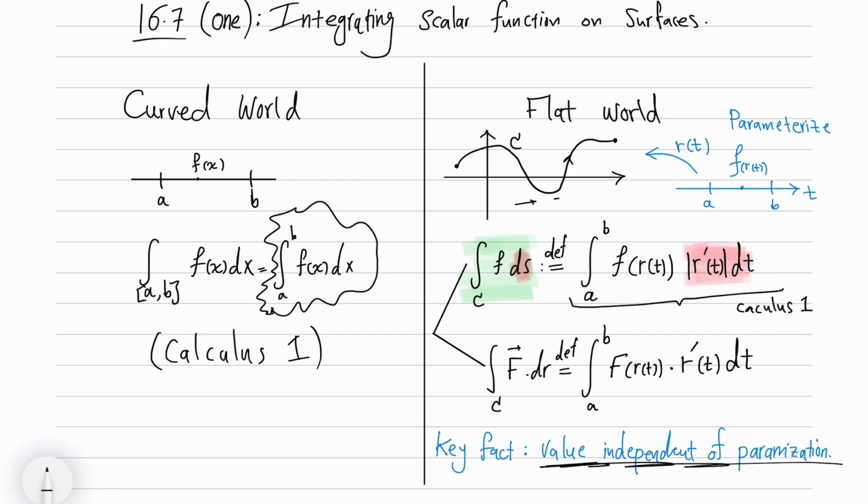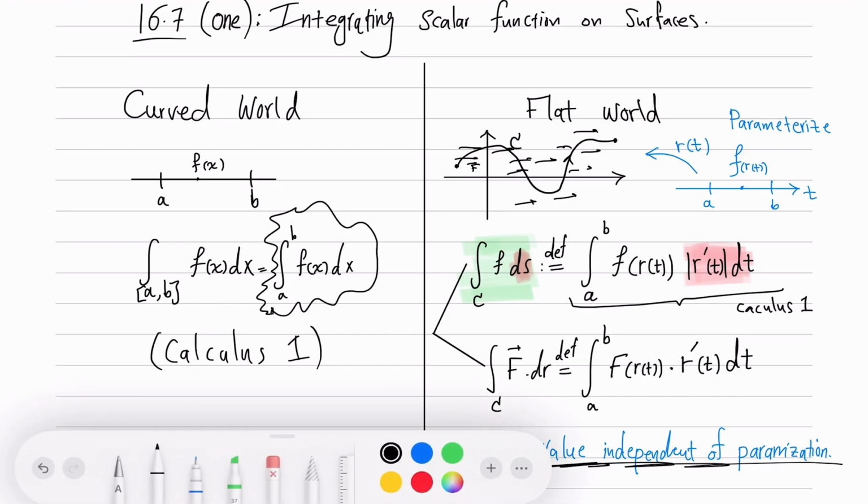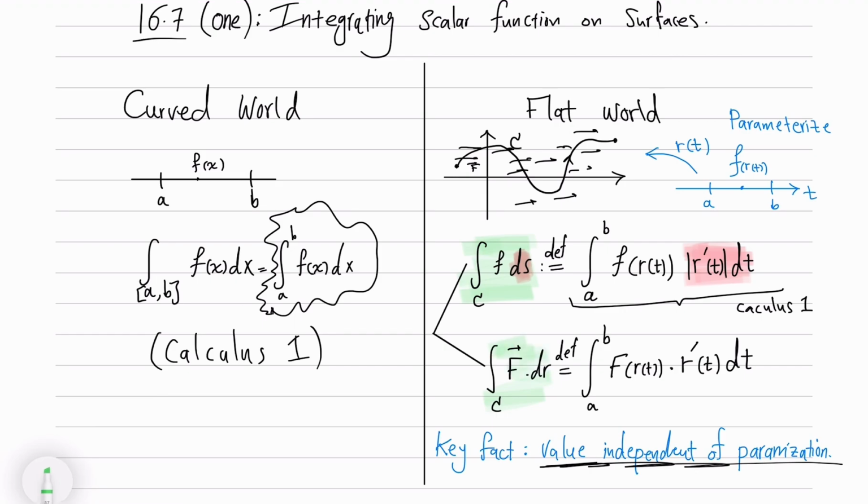So if we have a vector field on some region including this curve, then we can integrate this F along the curve. That is, we can make sense of this quantity here by this definition. This time, because we have a vector, we don't take the absolute value of r prime of t and rather put it in vector form, and to get a real valued function, we take the dot product.